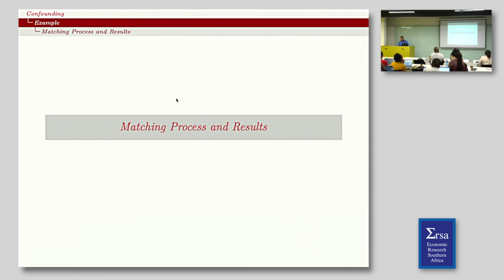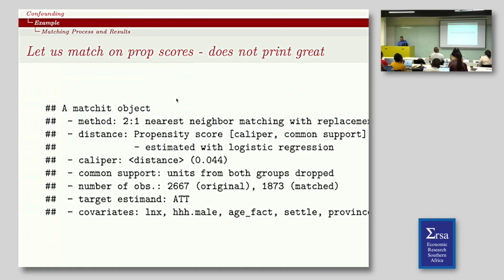So let's match it in the background. But here's what the match tells me. I'm matching 2 to 1, nearest neighbor with replacement. I'm using a caliper, so I don't want my matches to be too far apart, so I'm forcing that as well. Sorry, it doesn't quite print out correctly.